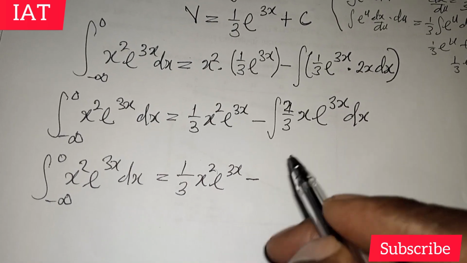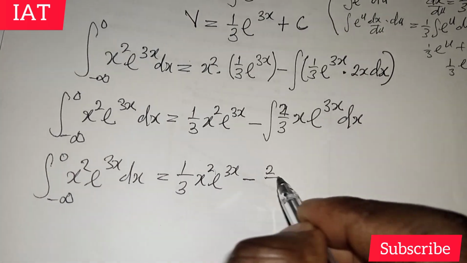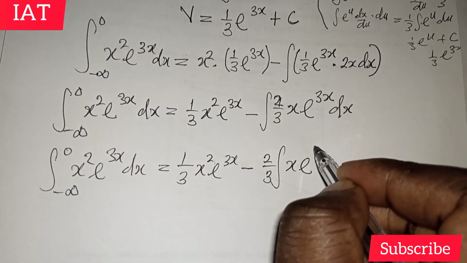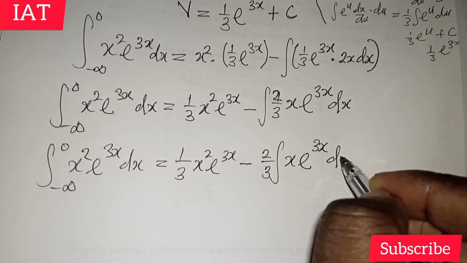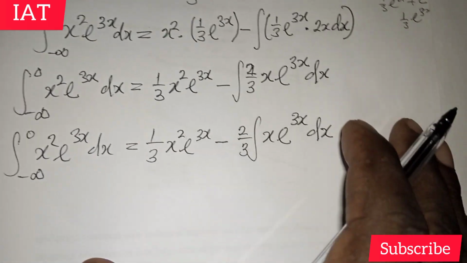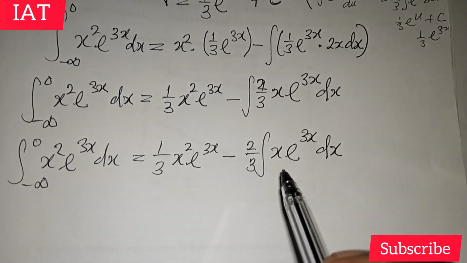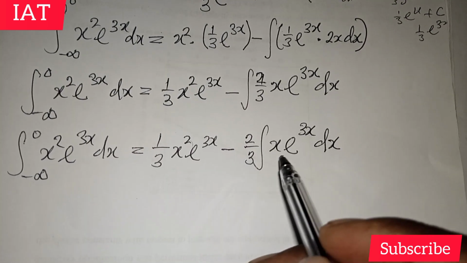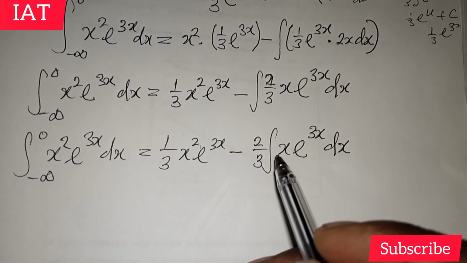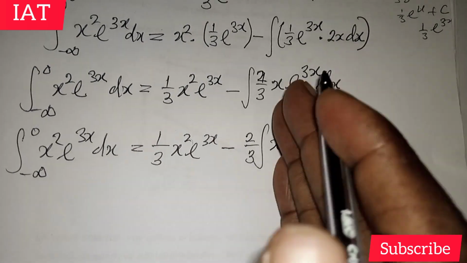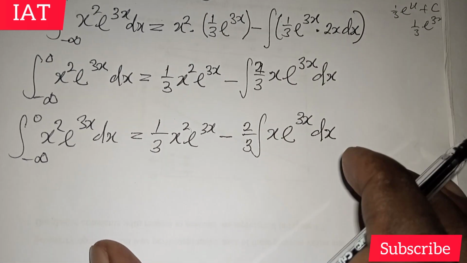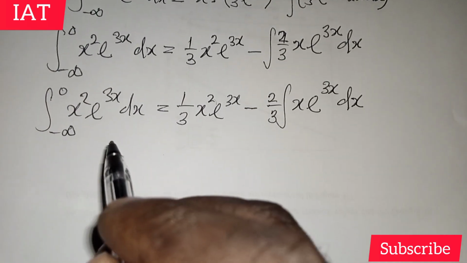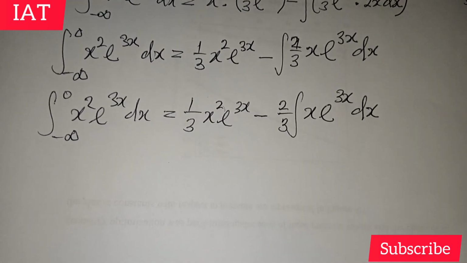But then let's remove this constant, let's keep it out here, and then take the integral of x exponential 3x dx. So at this point, looking at this, we can't use direct integration on this. We still need to apply integration by parts on this particular one, then later bring the results into the system. So what should we do? So we have to write this.